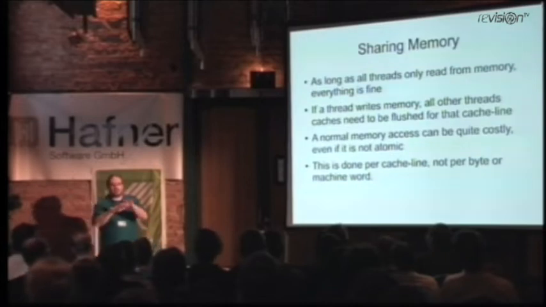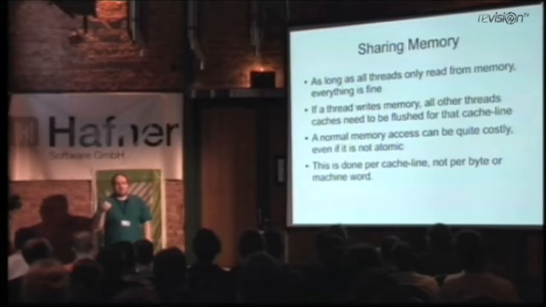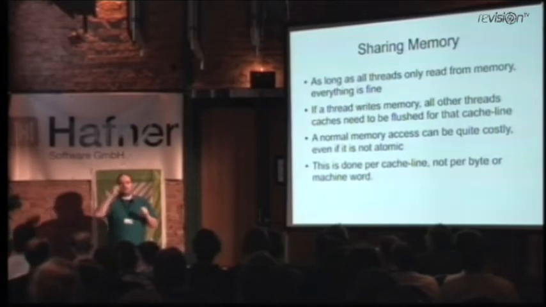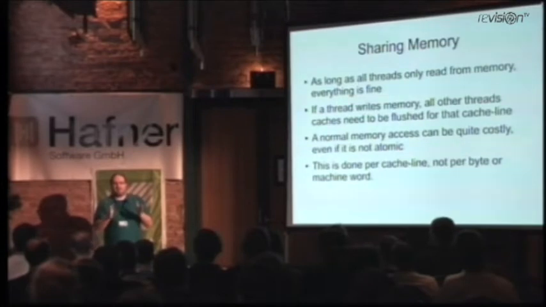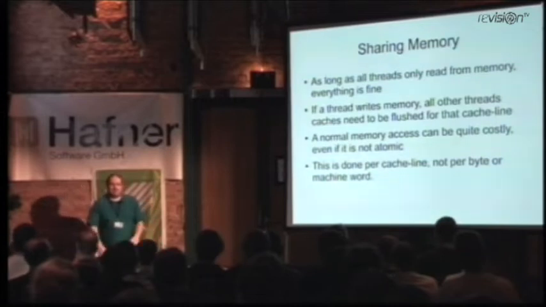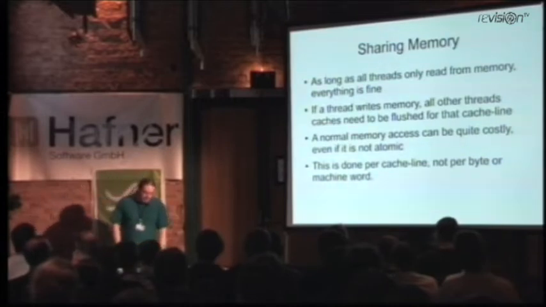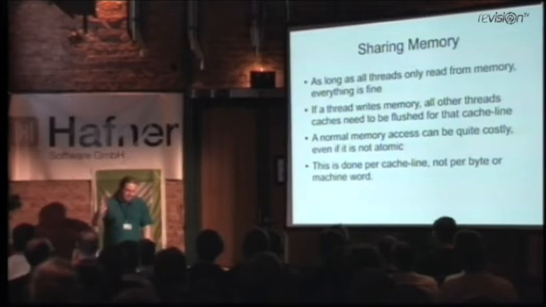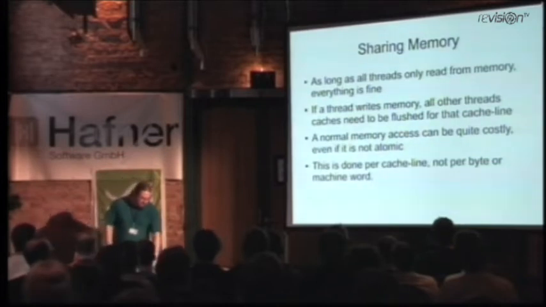So if you lay out your memory structures, make sure that, if possible, they don't always write to the same cache lines. For instance, if you have a flag per thread, which is only 8 bits, don't put them next to each other, but space them apart so that every thread has its own cache line and they don't collide that much. This is done per cache line. This is an important thing to remember.